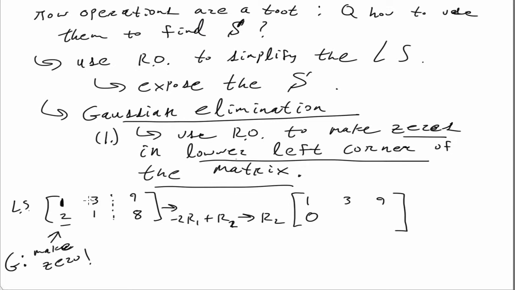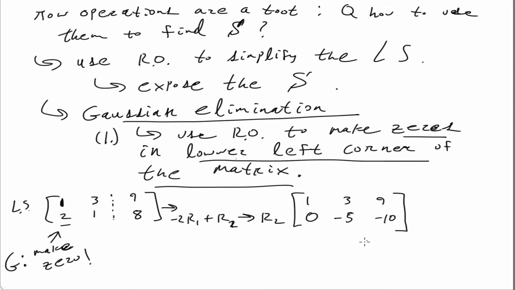So of course I'm multiplying -2 by 3, and then adding it to 1, so that'll be a negative 6 plus 1, that'll become a negative 5. And then we see here, this is going to be a negative 2, so that'll be negative 18 plus 8, that will be negative 10.